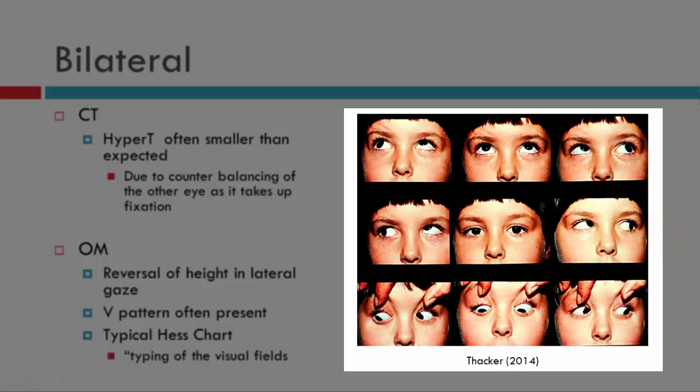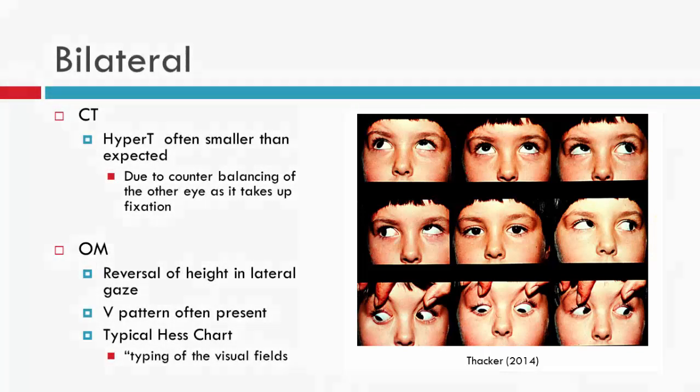Now, I've mentioned in previous videos, in terms of principles of distinguishing a mechanical versus a neurogenic palsy, that mechanicals are the deviations that tend to have reversal of height. The bilateral fourth nerve palsy is the exception here, where it's neurogenic, but reversal of height occurs because you have a bilateral fourth nerve palsy that's driving reversal of height.